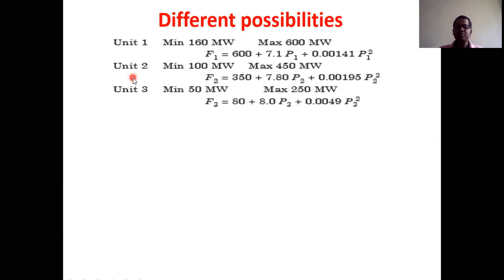So this is nothing but unit 1 data, unit 2 data, and unit 3 data. Here, see very carefully, 160 megawatts and 600 megawatts are the constraints of unit 1. 160 megawatts is the minimum power that can be generated by unit 1, and 600 megawatts is the maximum. Similarly, for unit 2, 100 megawatts is the minimum power and 450 megawatts is the maximum.